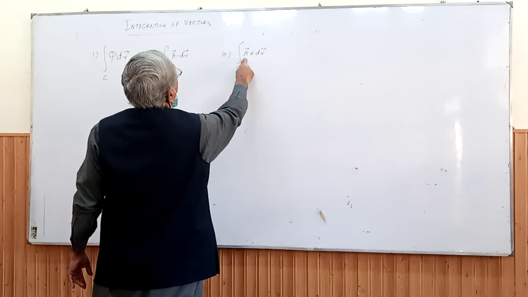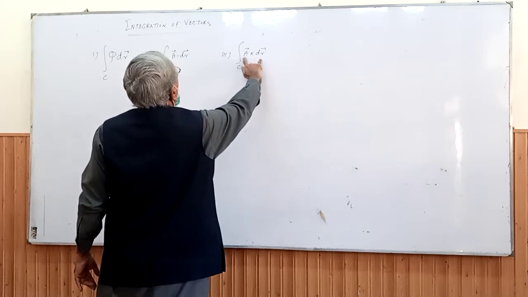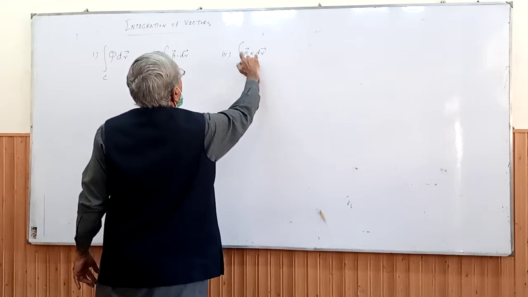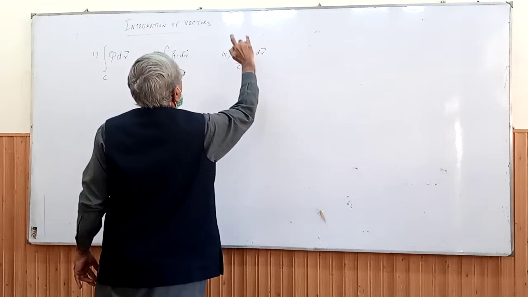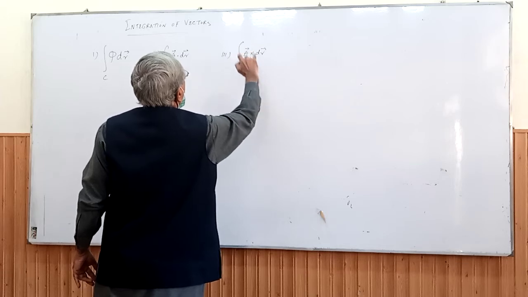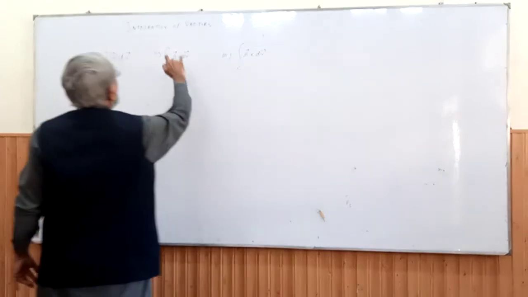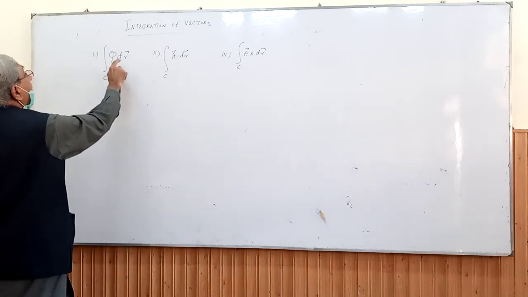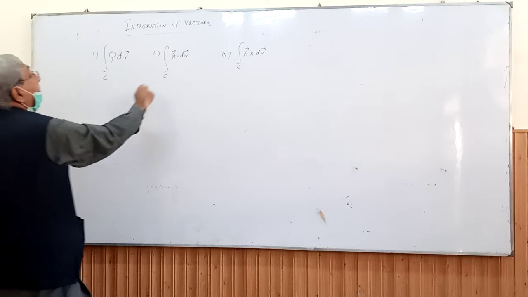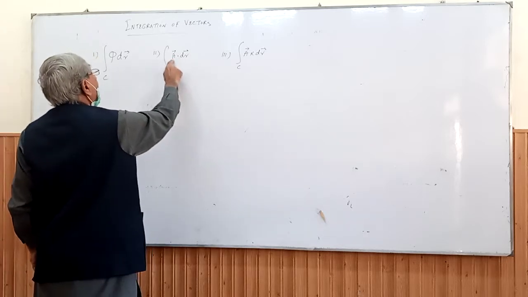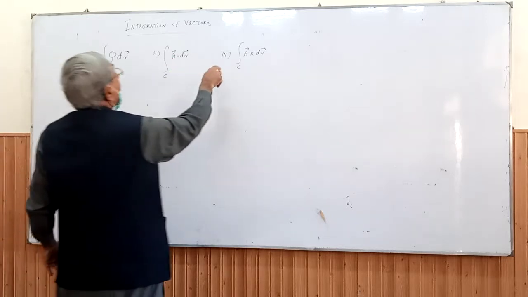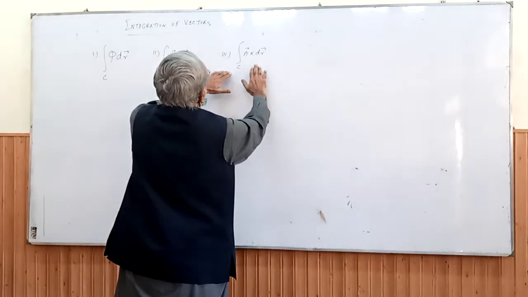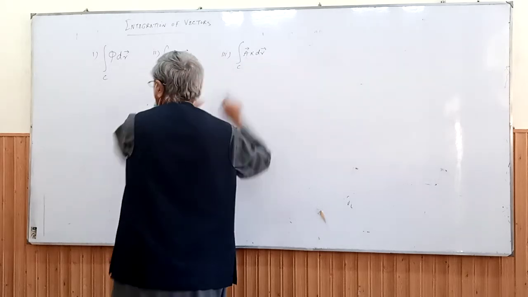But here it is A cross dr, one vector crossed with the other vector, so the answer will be a vector. So here the answer of the integral will be vector, here scalar, here vector, because vector multiplied by scalar gives vector, and vector with vector by dot gives a scalar quantity. So this is basically integration of a scalar quantity, and this is integration of a vector quantity.